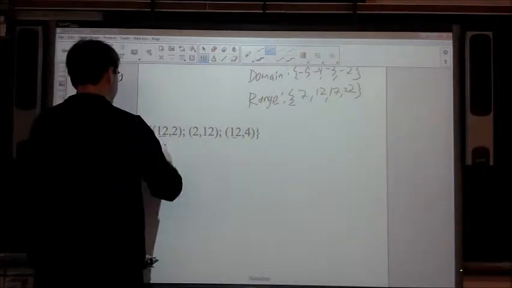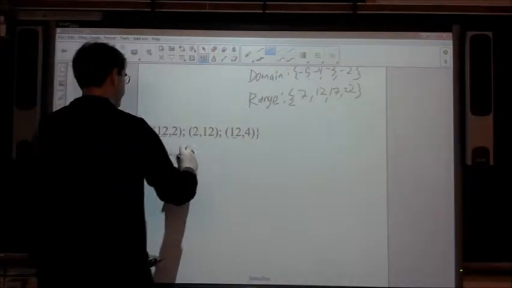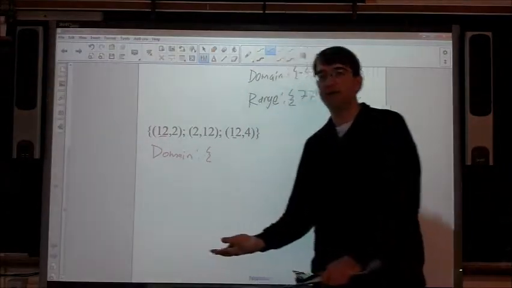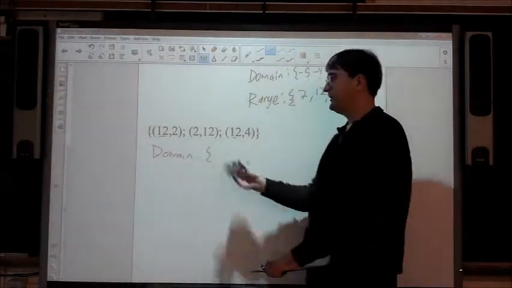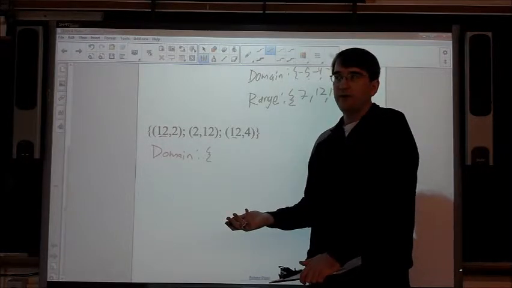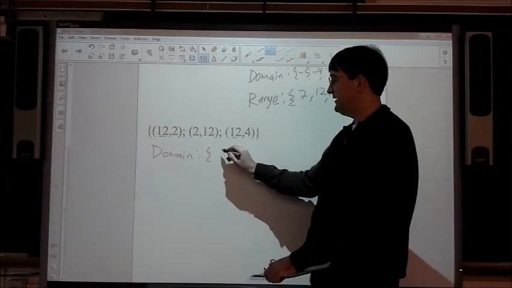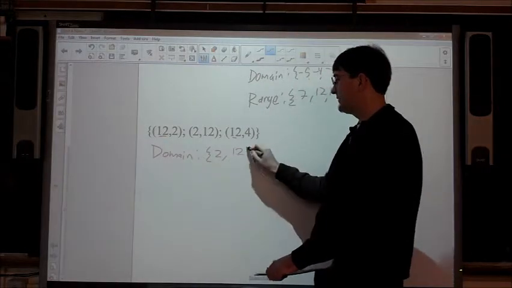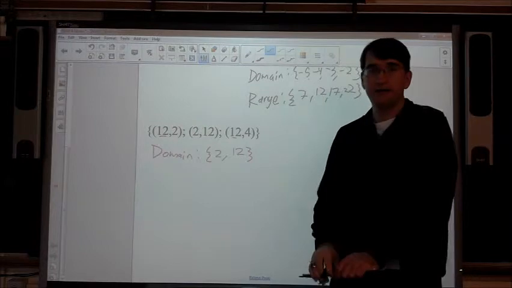But as far as listing the domain, it doesn't really change anything, except that I'm not going to repeat it. If 12 is in the domain twice, then we don't write it twice. We only write each number as it appears uniquely. So I'm not going to write 12 twice. I'm just going to say 2 and 12.